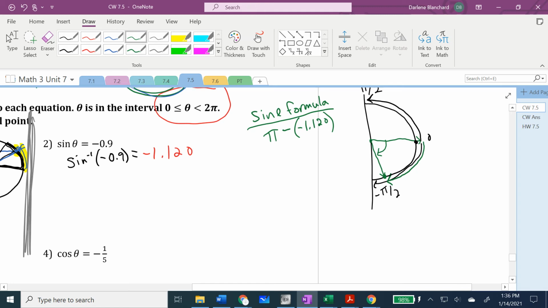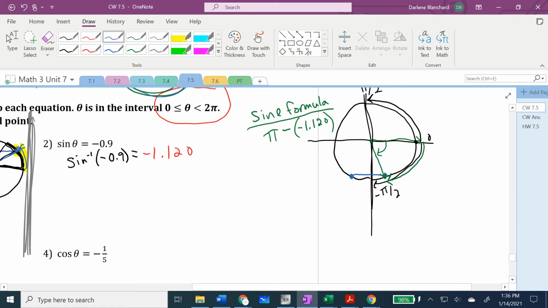So negative 1.120 radians is approximately this angle. Now, if I draw the whole circle and look at this as the xy plane, I need to find the angle that is horizontally across from this one.